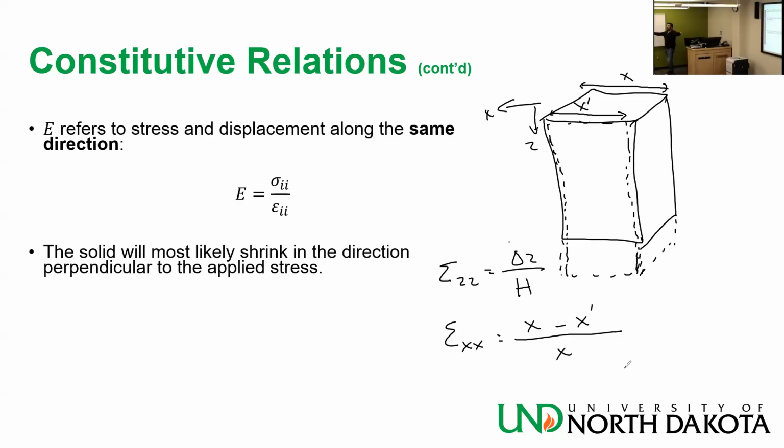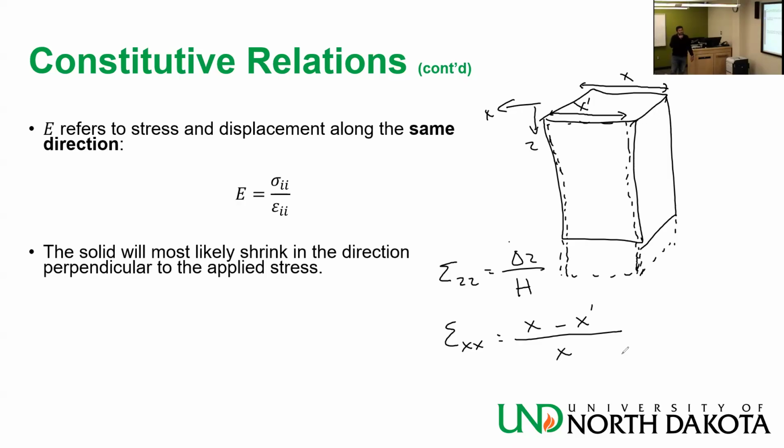X was the original width. X prime is the new width. Say it was 10 and now it's 8. So x minus x prime is 10 minus 8, which is 2, divided by 10. So the strain in the x direction would be 0.2, something like that.